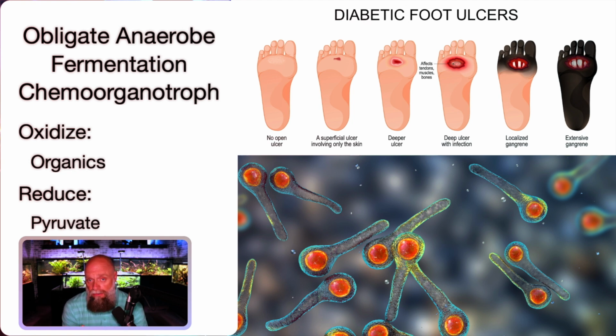And what they're really reducing when they are fermenting, remember, our fermenters are taking glucose or some type of organic compound, usually to pyruvate. And that pyruvate serves as a terminal electron acceptor, and then they're producing acids, alcohols, and gases as a result. So at the top of the picture there, you can see an example of a diabetic foot ulcer that has gone into gangrene. And at the bottom here, like I said, that is C. tetani. That is the organism responsible for causing tetanus.